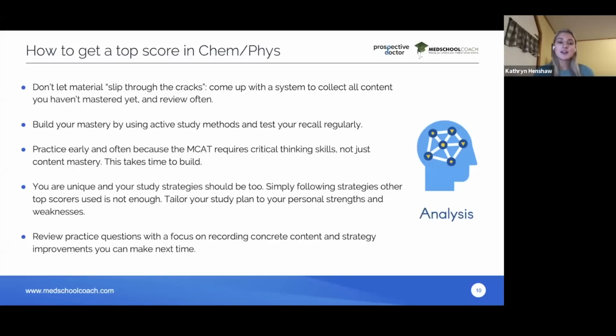All right, the next tip I have for you is about practice for the Chem Phys section. While there is a lot of content, like Ken mentioned, there's also a strategic part of reading these difficult passages and trying to distill out the important information. So you want to start your practice as early as possible, and incorporate practice into your study plan.